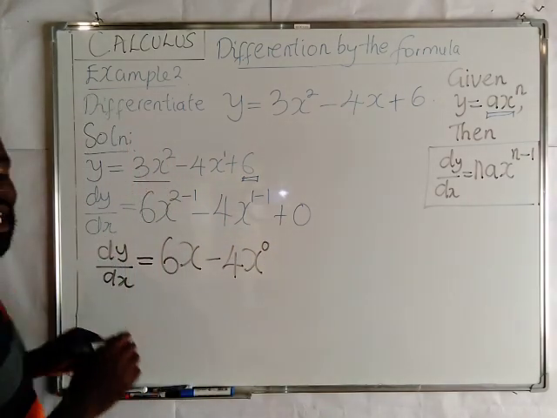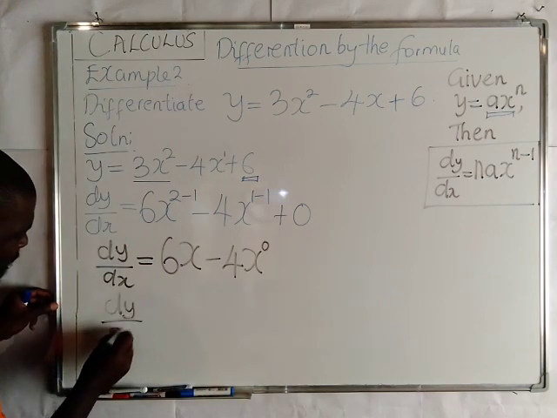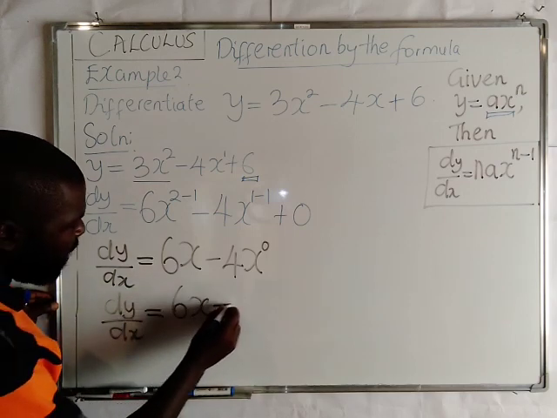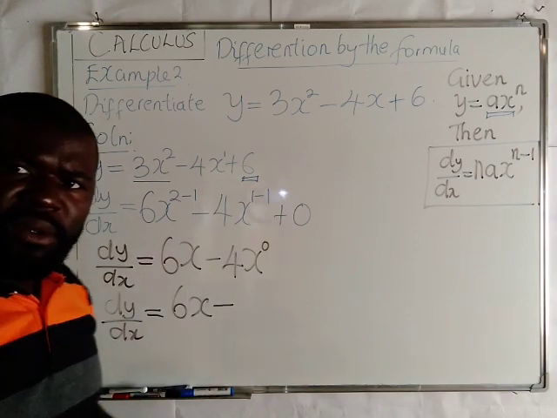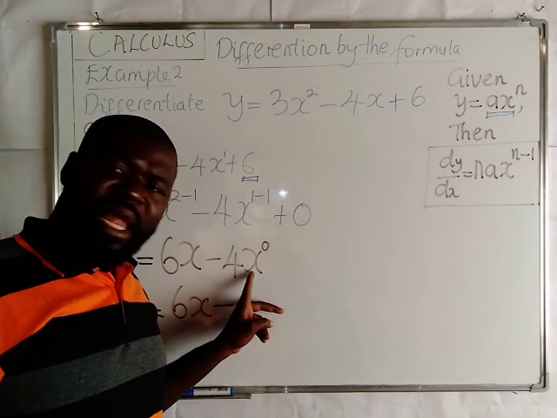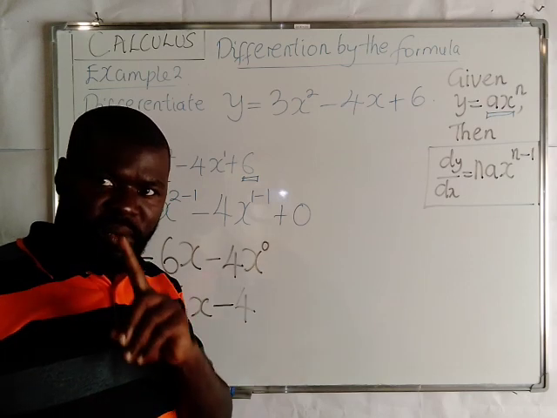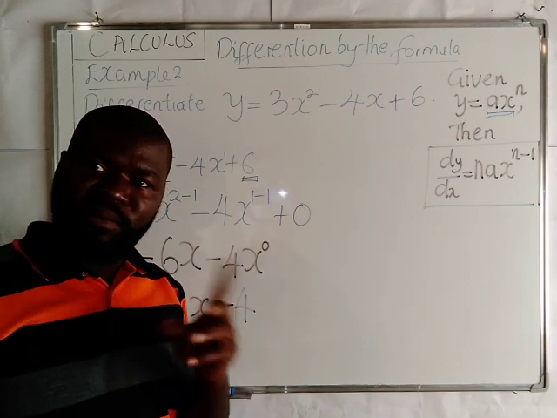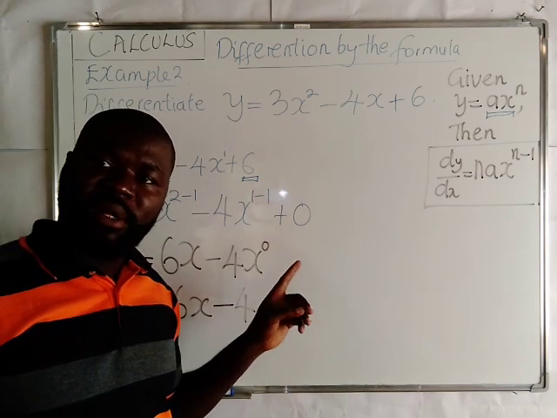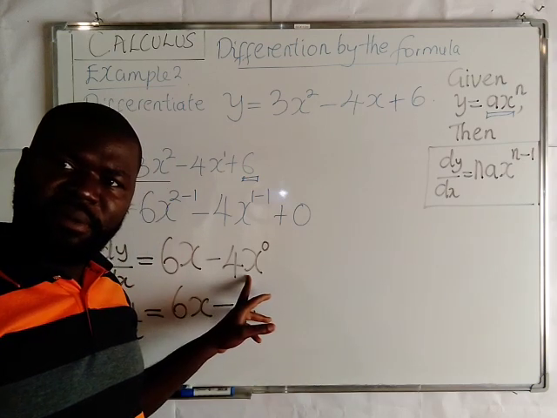Now there is another step to go, where we have dy dx is equal to 6x minus. Now, look at this. Any number which has a power 0, the result is always 1. I hope you remember this law of indices. So which letter here has been raised to the power 0?